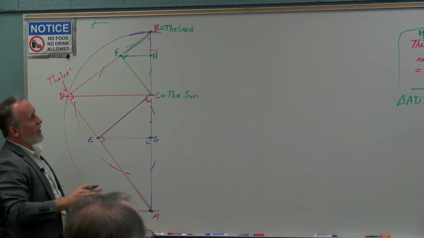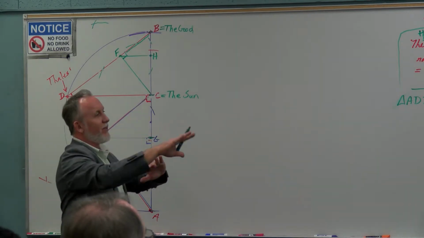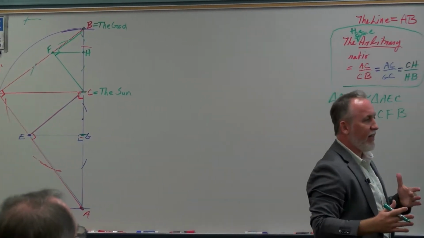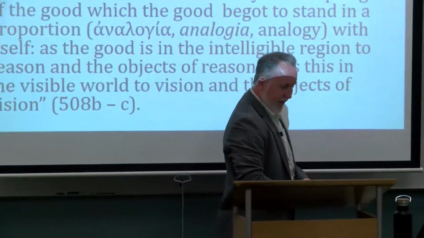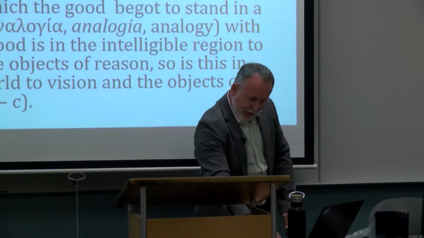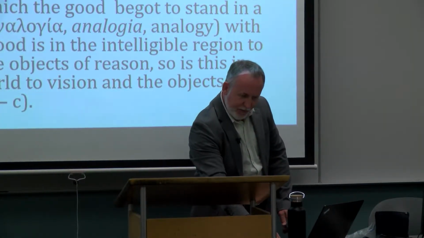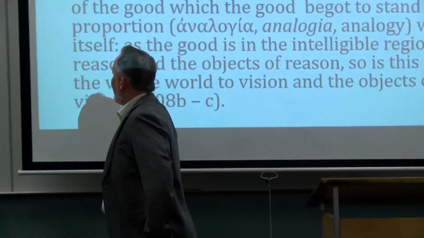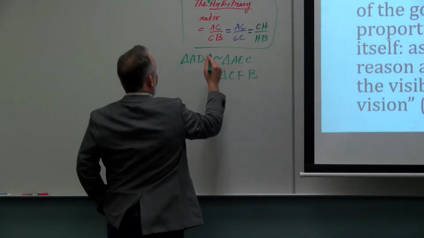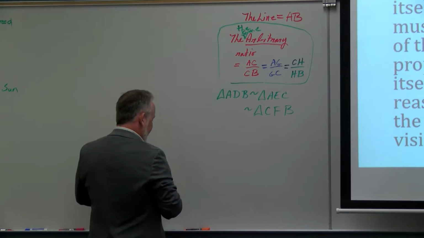And so the analogy of the sun really plays into the analogy of the divided line. They're intimately connected. And I'm going to show you how that happens. And so, let me put this here.